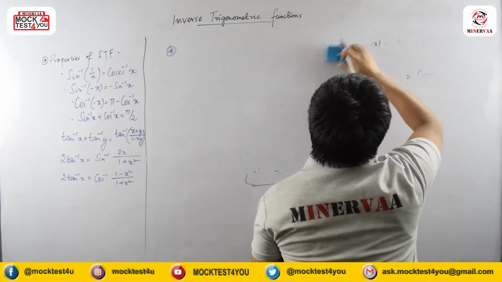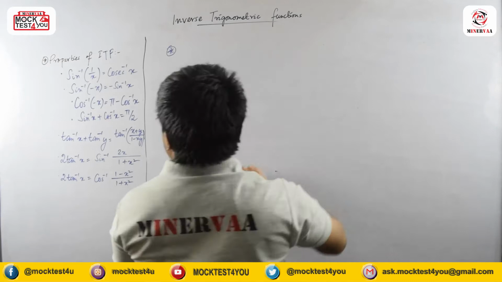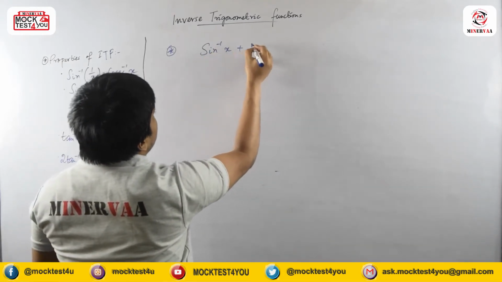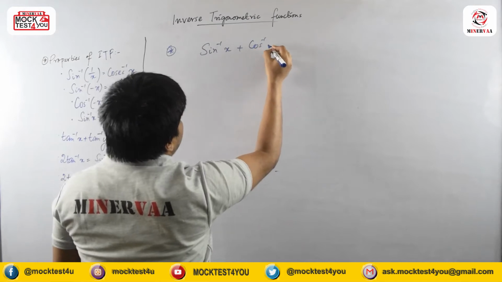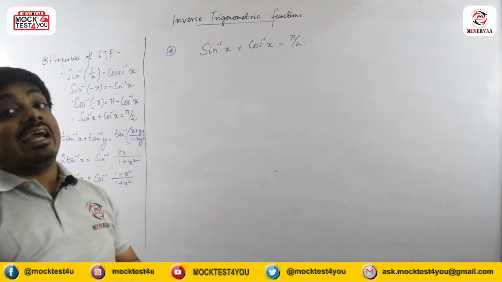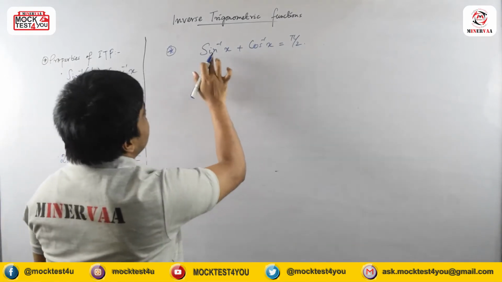Now let us move on to the next property. The next property is sine inverse x plus cos inverse x is equal to pi by 2. Now how did we get this thing? Let us prove this one first. So what I will do is, I will just take sine inverse x.